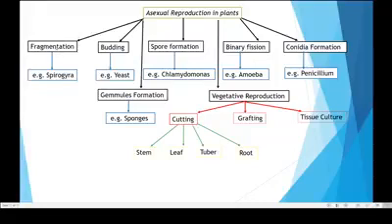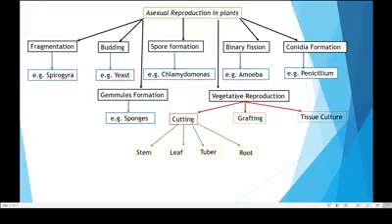Out of which fragmentation, budding, and binary fission are the methods where an organism is responsible for the production of a new organism, whereas in spore formation, conidia formation, and gemmules formation, an organism produces asexual structures which then behave as a new organism.